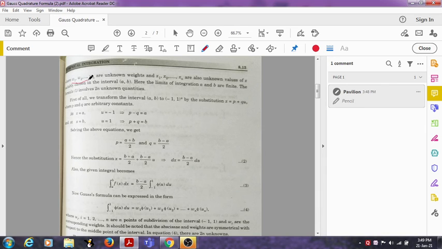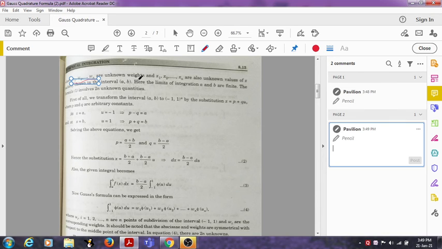We call w1, w2, ..., wn the unknown weights, and x1, x2, ..., xn the unknown values of x that we are to choose in the interval a to b. The limit of integration must be finite. This is the necessary condition for using this formula, and we are to find these 2n unknown quantities.